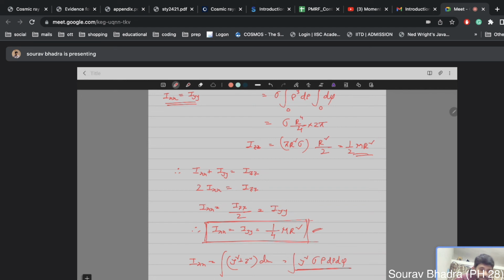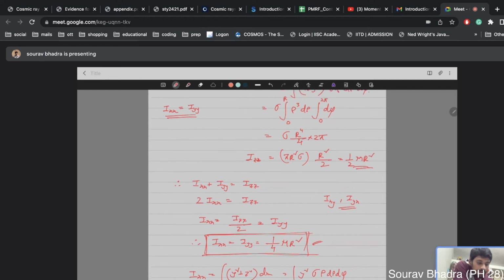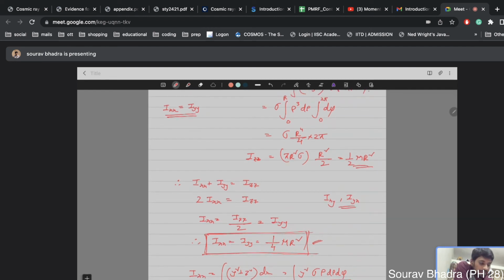So this is a good example of the perpendicular axis theorem. Now also you can calculate Ixy and Iyx, but all the terms involving the z coordinate will be 0, because all the z are 0.